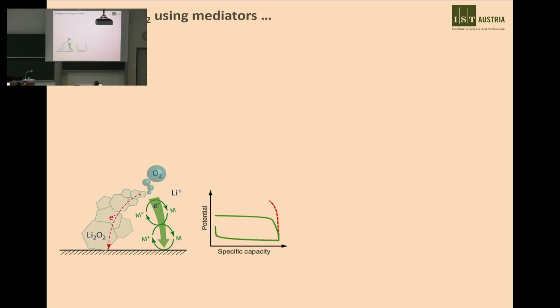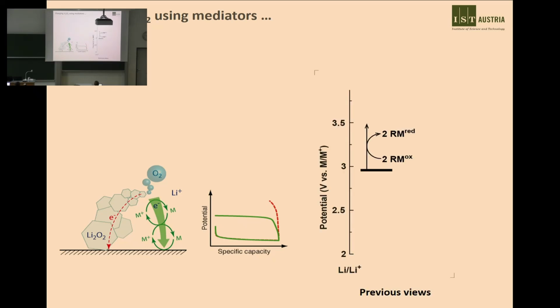People looked at many variants of this, and what they always thought, quite naively I would say, is that you simply have peroxide, which is a 2-electron reduction product of the oxygen. You need 2 oxidized mediators with 1 electron each, and then you have the 2-electron mechanism, which is quite unlikely.